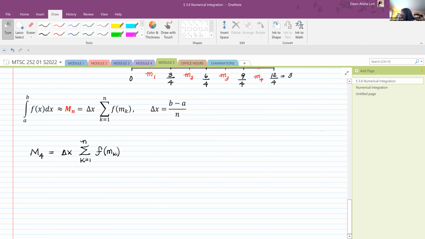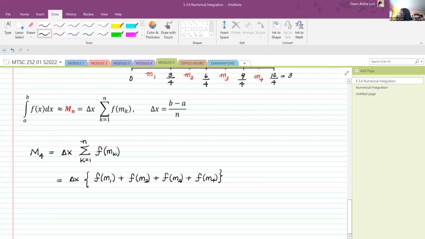So that's going to be delta x times f of m1 plus f of m2 plus f of m3 plus f of m4.